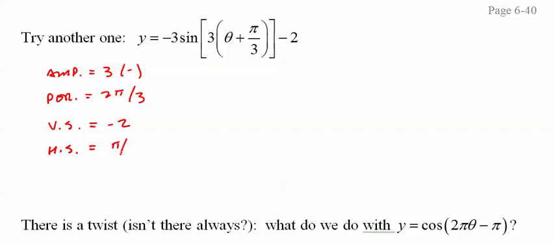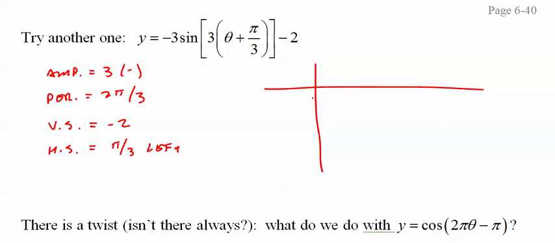Horizontal shift is pi over 3 left. Two pi over 3.